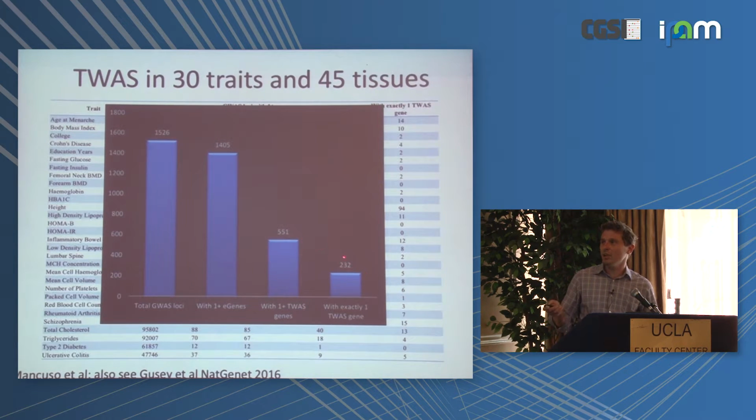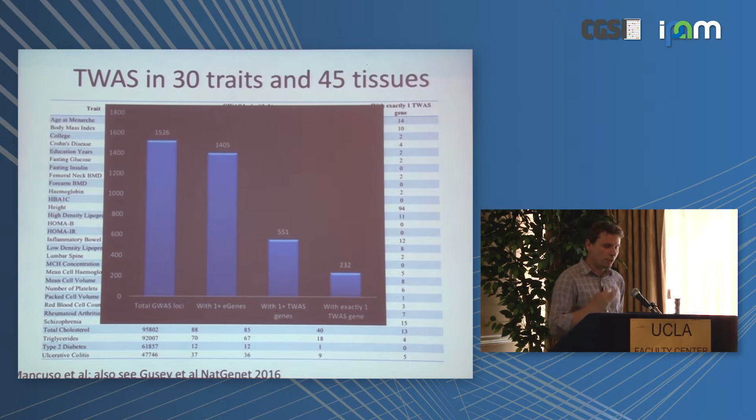And then, going one step further, in 200 or so cases, we are zooming in on exactly one TWAS gene at every locus. So this will be a great hypothesis, in our mind, for testing, because now we are finding a single gene that fits a lot of criteria. It has an eQTL, it's also associated to disease risk, and this will be a great place to start, okay?